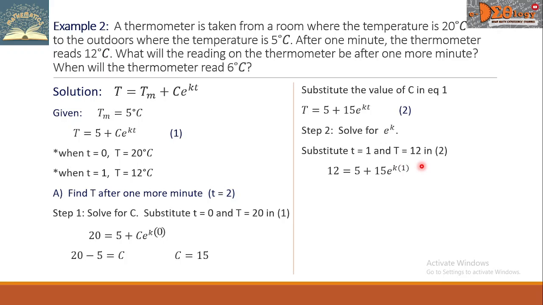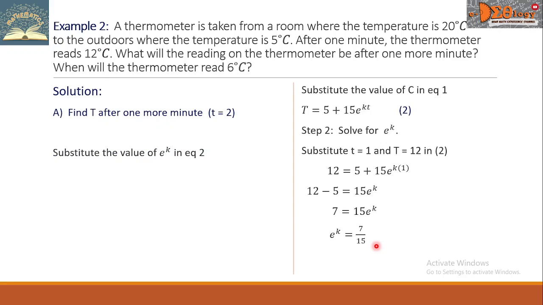Then let us solve for e raised to k. This constant 5 we will transpose to the left side, and the difference 12 minus 5 will be 7. We divide the equation by 15 to isolate e raised to k. So the value of e raised to k equals 7 over 15.